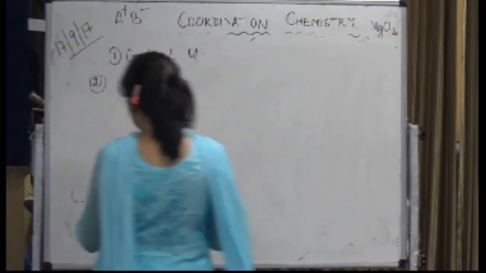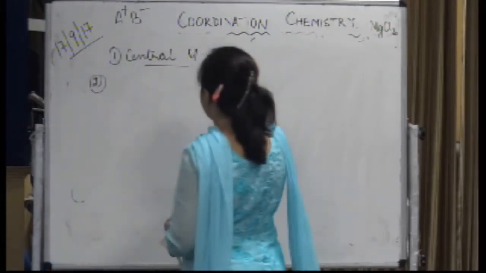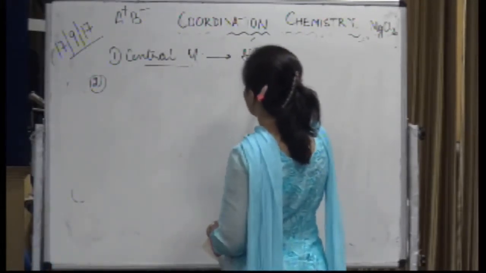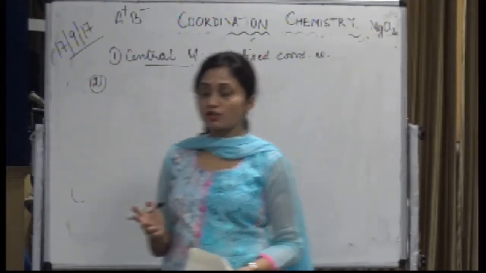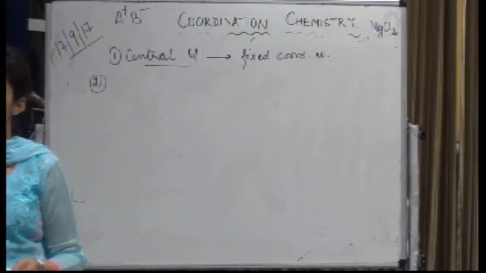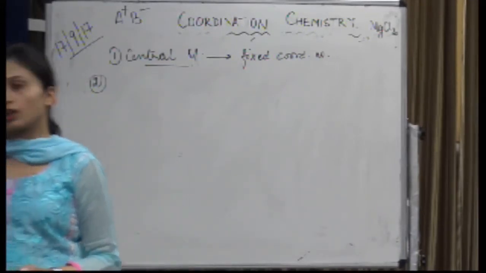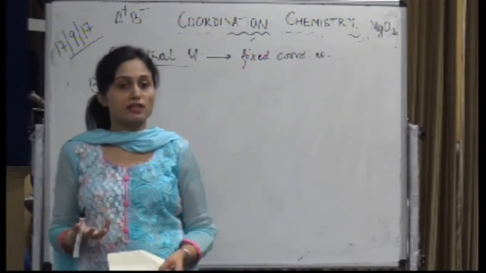Okay, then we talk about, say, and always remember that they have a fixed coordination number. Now when I say coordination number means that I am talking about the secondary valence. The secondary valence is generally fixed for a particular metal atom. Like for nickel it is generally 4, for cobalt it is generally 6.